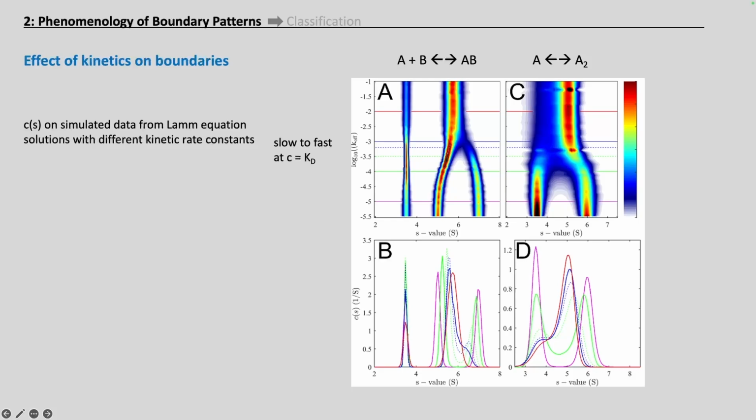But as we turn on the dissociation rate, a different behavior starts to show when the complex lifetime is less than an hour. Let's look at the dimerization first. For any rate constants larger than 10 to the minus 3 per second, corresponding to a dimer lifetime of about 10 minutes or less, we see just a single boundary, and the S value of this boundary is between that of the monomer and the dimer.